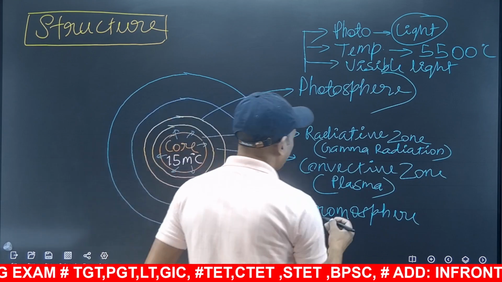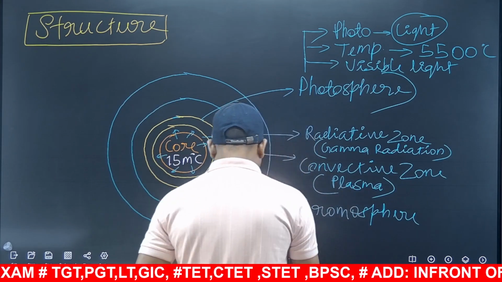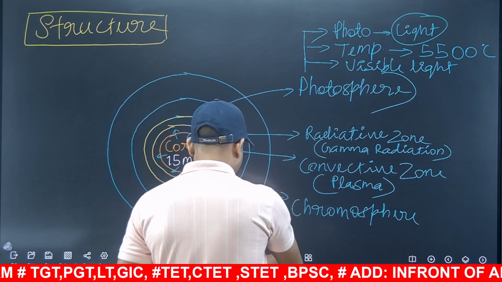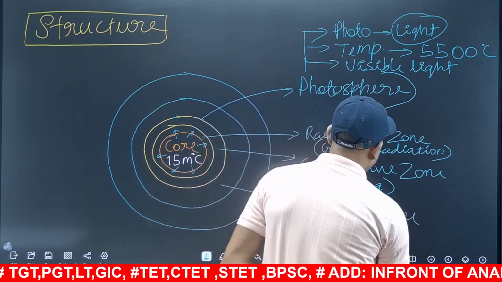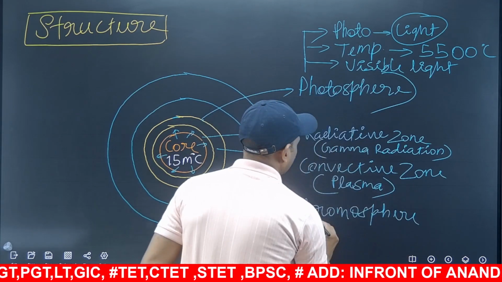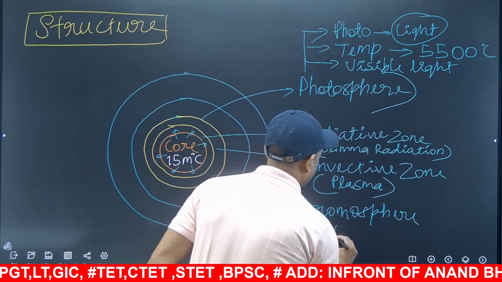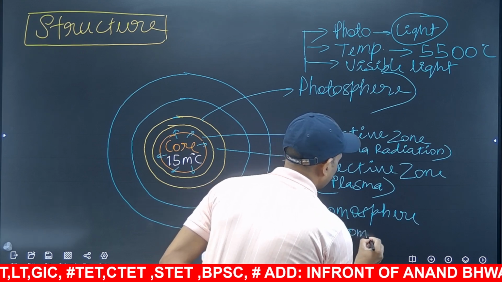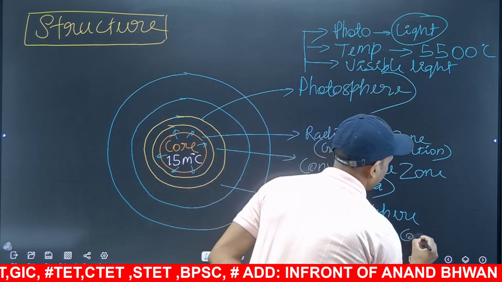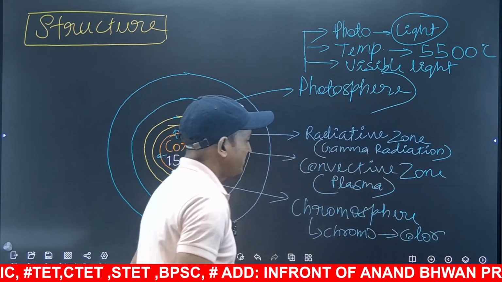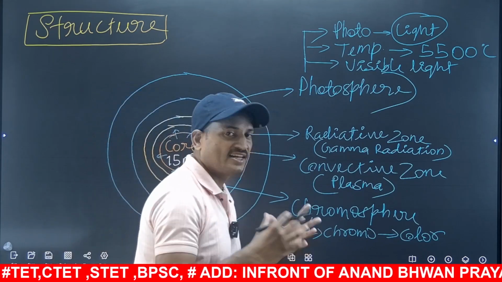And why is this called chromosphere? Now this is also an important fact. Chromo implies color, meaning something colorful, not exactly black and white.